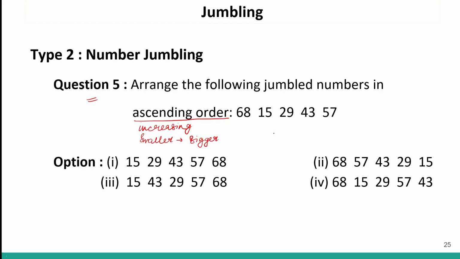So the smallest number over here is 15, which is smaller than 29, which is smaller than 43, which is smaller than 57, which is smaller than 68. So my correct order will be 15, then 29, then 43, then 57 and then 68. This is given in option number 1. So option number 1 will be the correct answer.